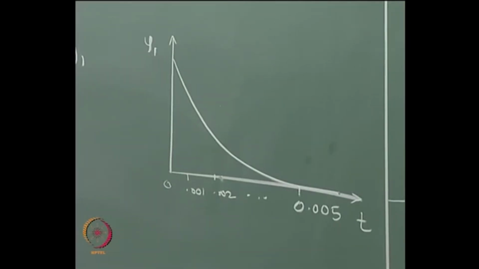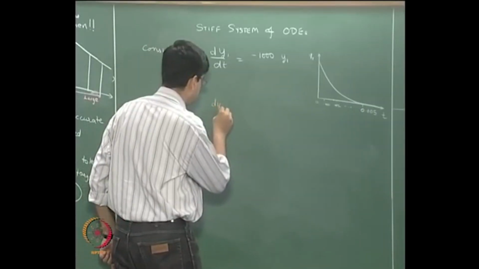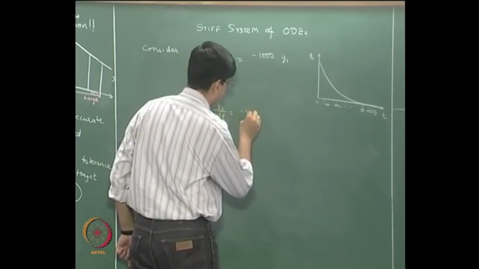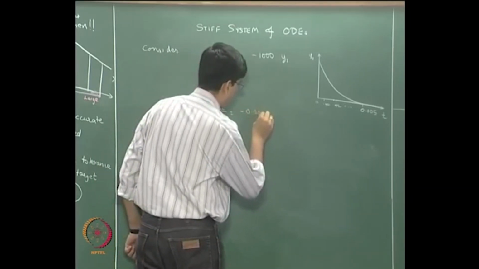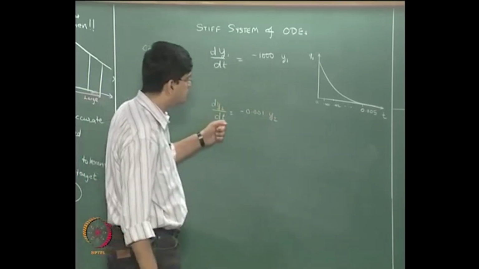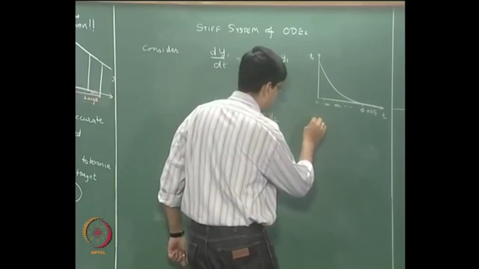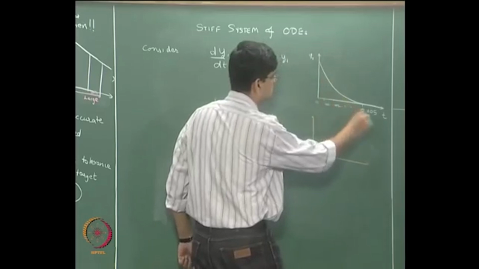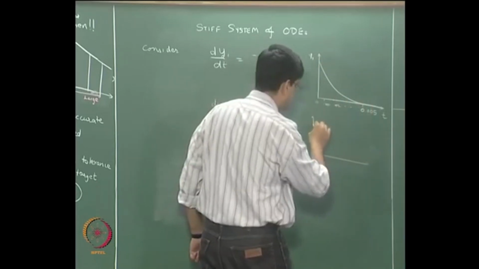Now let us consider another system. Okay. Now this particular system, qualitatively, the response curve is going to look like this itself.